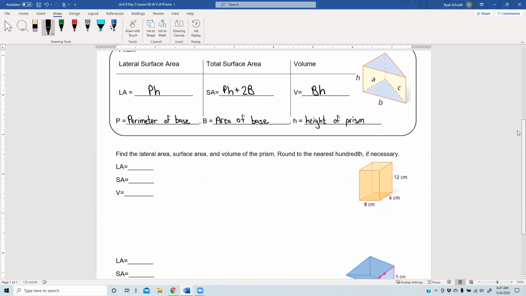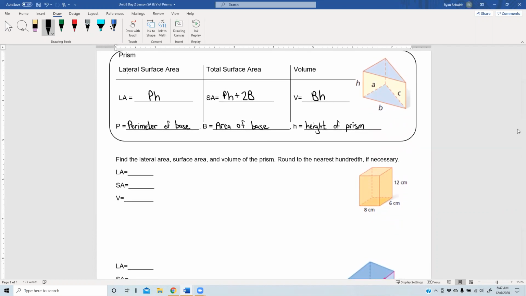Let's look at an example. Since all three formulas deal with P, H, and B, what I would recommend is finding P, H, and B first, and then you can just plug it in.